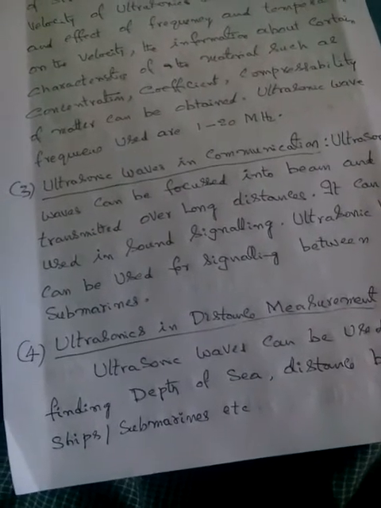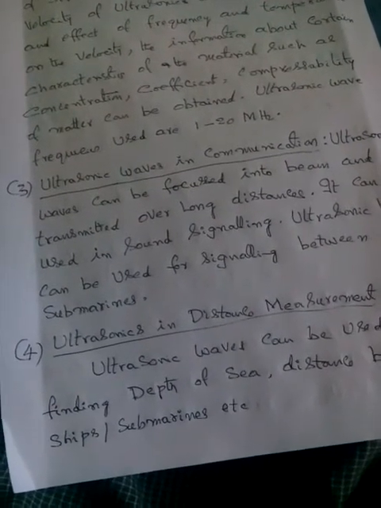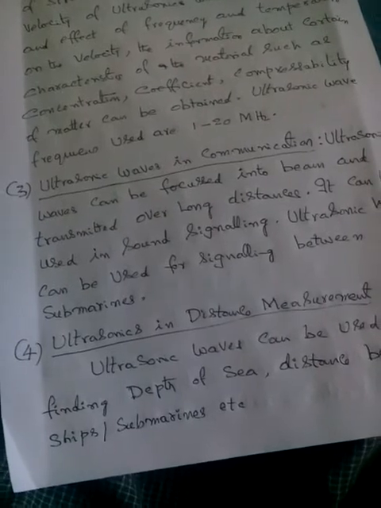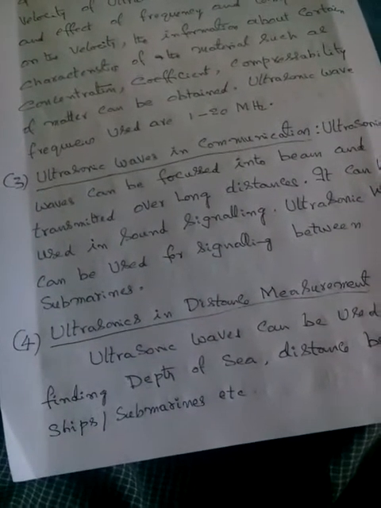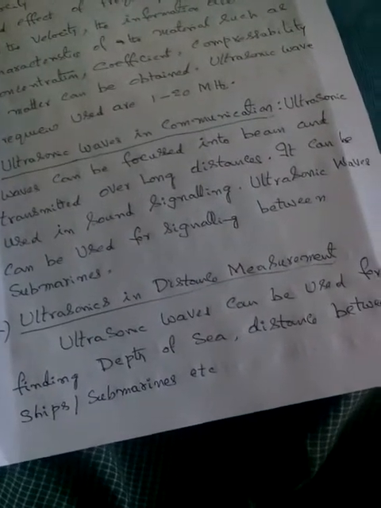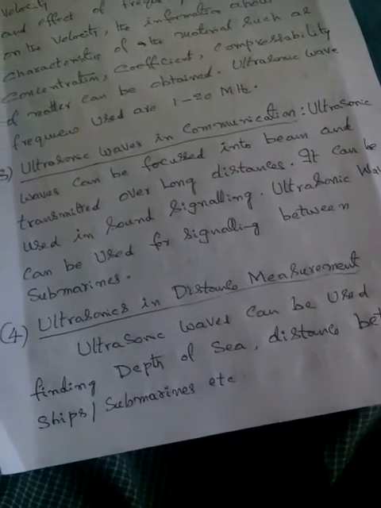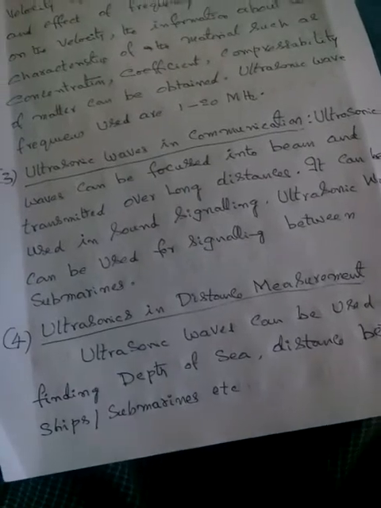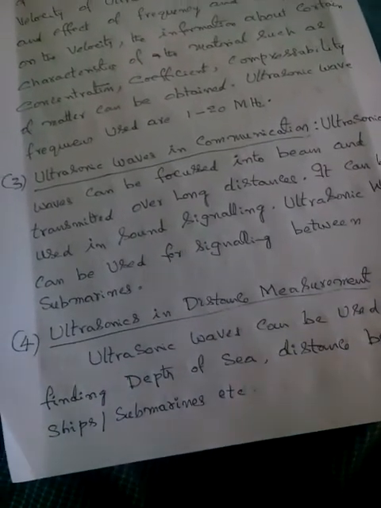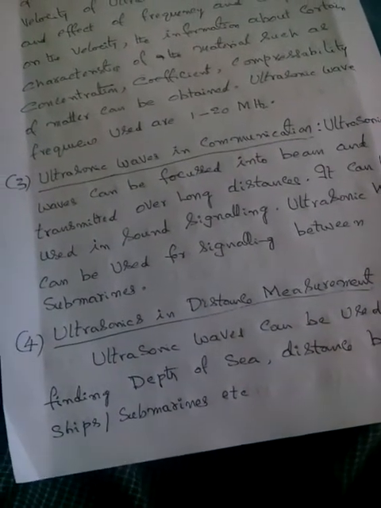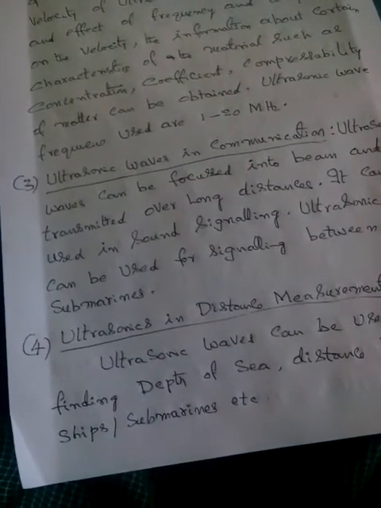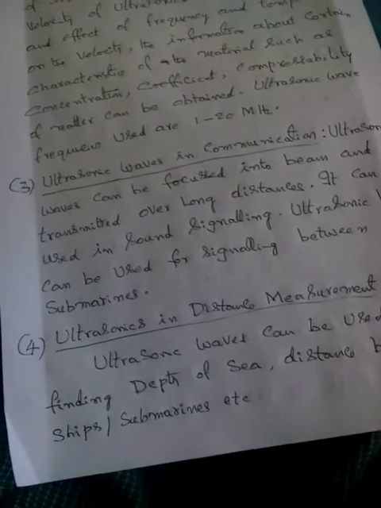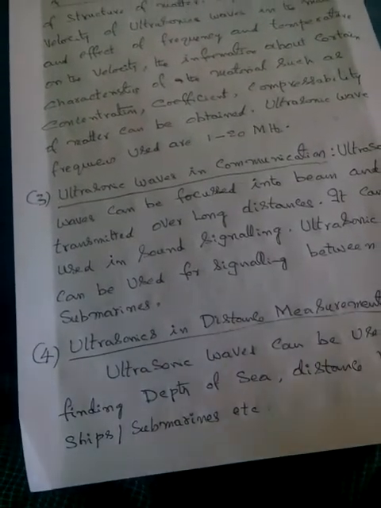Particularly in water, it gives very accurate results, because where there is no alternative, we have to use ultrasonic waves only, for finding depth of sea or distance between two ships and communication between two ships, and also signaling. So many other parameters can be detected using ultrasonics.